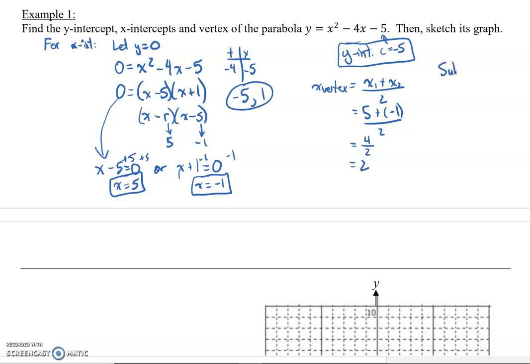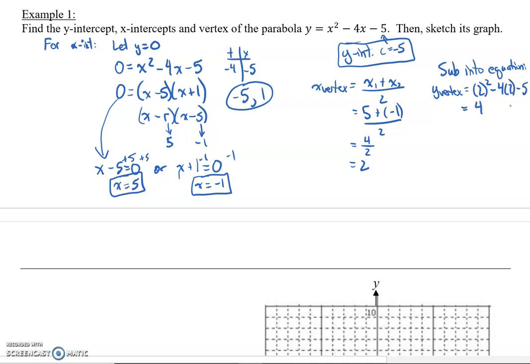Now I'm going to sub into the equation. So y vertex equals 2 squared, since I'm replacing anywhere I see the x with a 2, minus 4 times 2 minus 5.